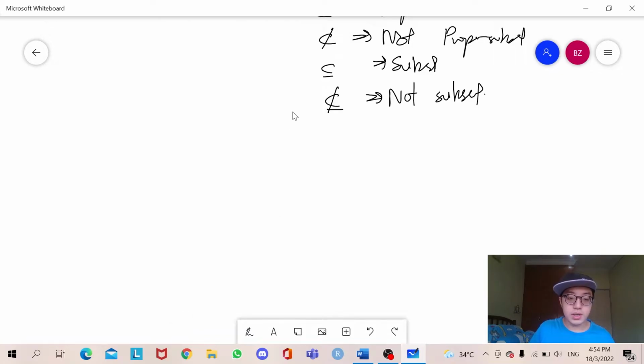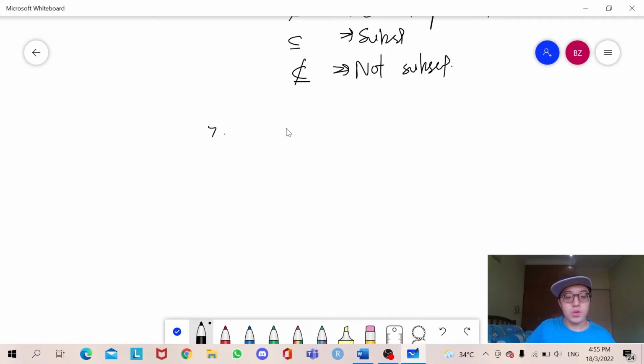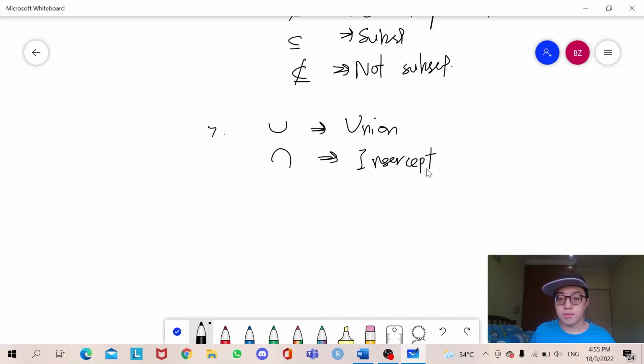We are at 6, so now at number 7, U and N. This is the most common notation you will see in sets. U means union and N means intersect.